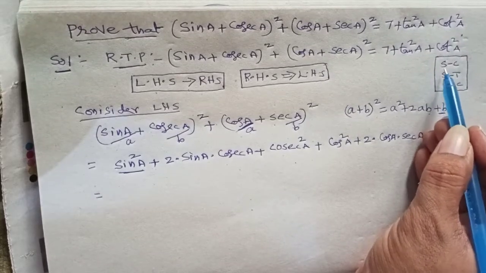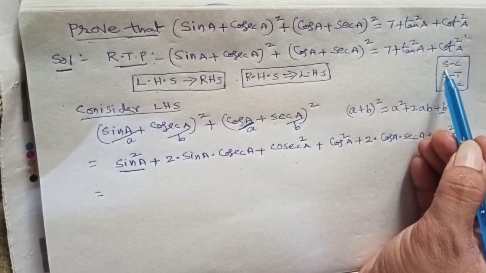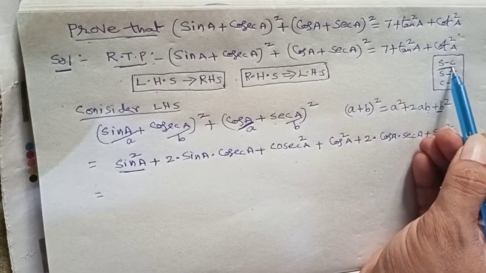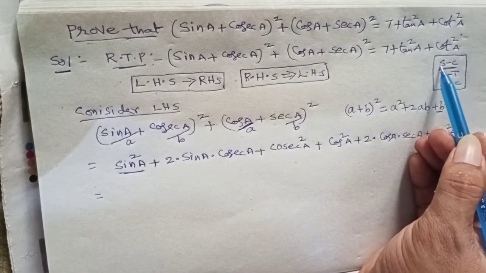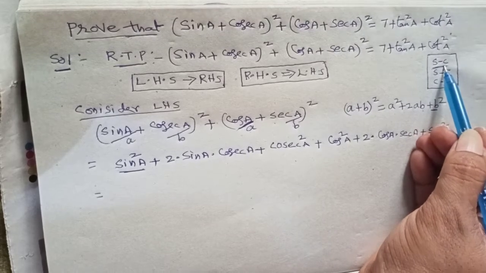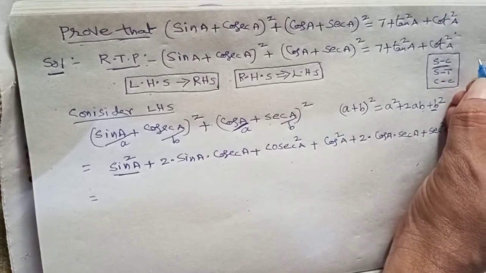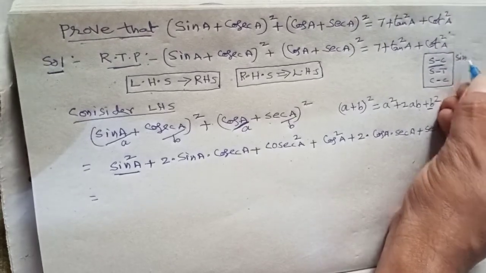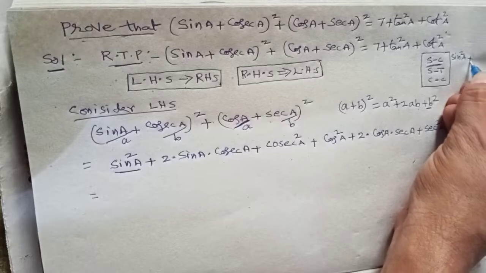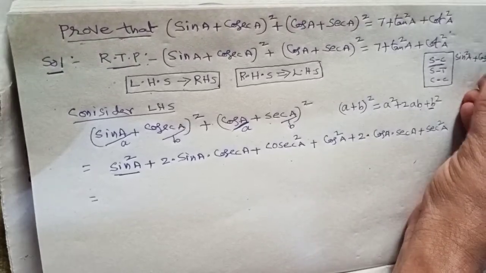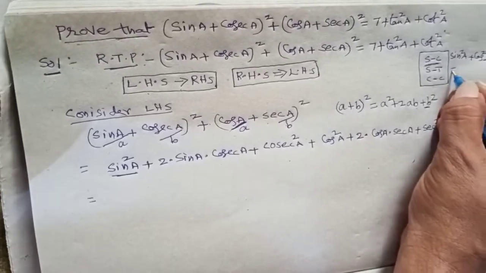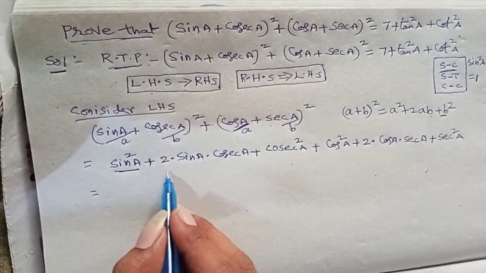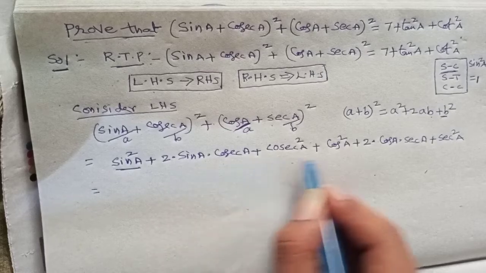Definitely it is the first one. Why? Because I have already told that the first identity comes from the first two ratios, therefore it is sin and cos. Therefore we have the identity sin² A + cos² A = 1.